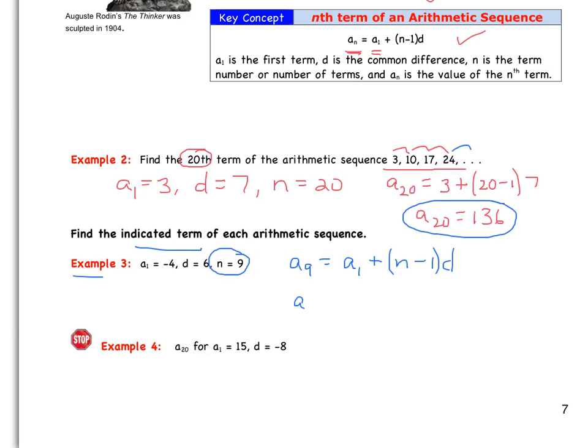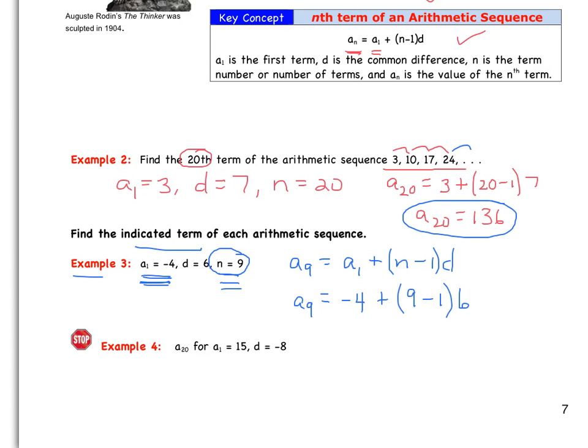So the value of the 9th term, since the first term is negative 4, they didn't give us a sequence, but they told us the first term is negative 4. Then we add 9 minus 1, because n is equal to 9. And since our common difference is 6, we multiply by 6.